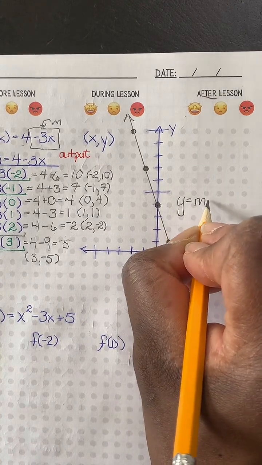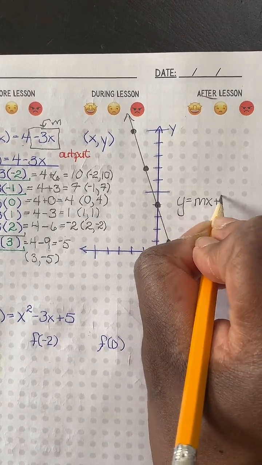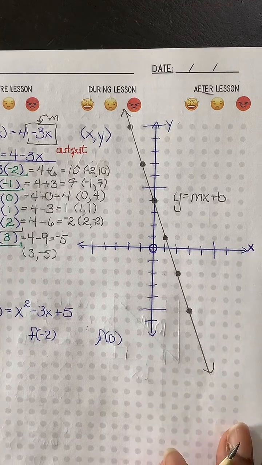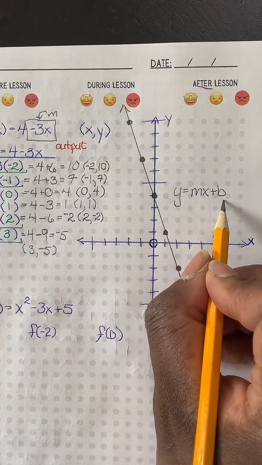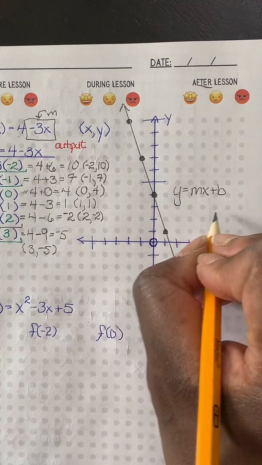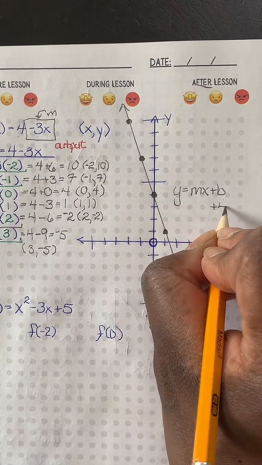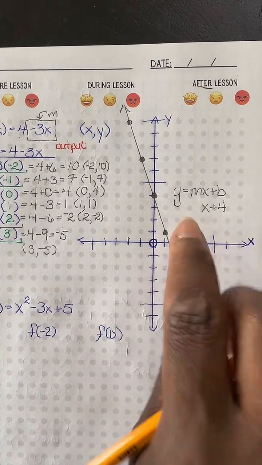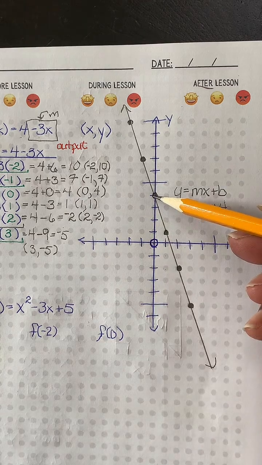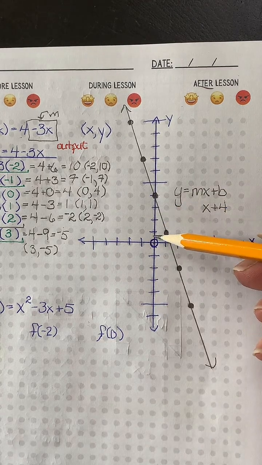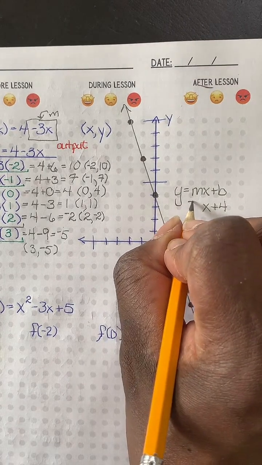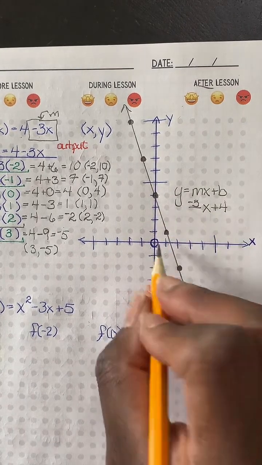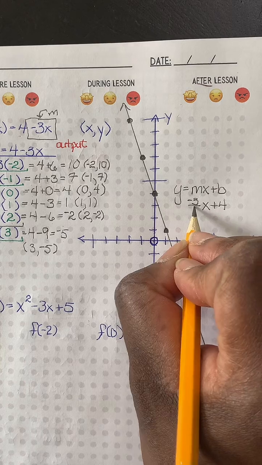It's just like if I'm doing the equation of a line. The equation of a line is y equals mx plus b. So my b is the y-intercept, which is a +4. My m is the slope. So I had to go down 3, so that's -3. And then I went to the right 1. That's a +1.